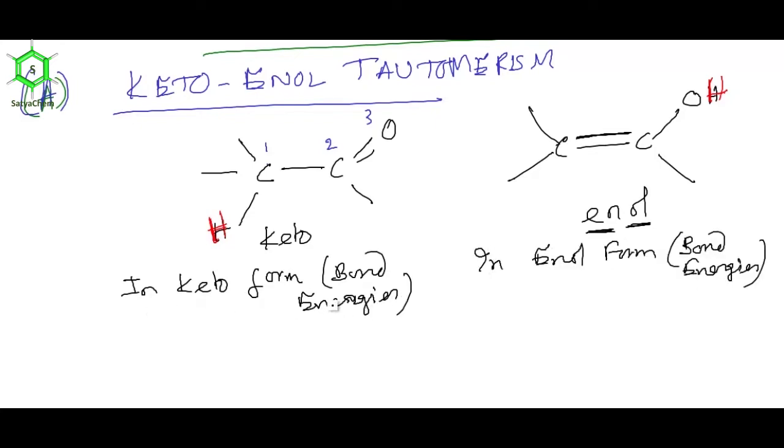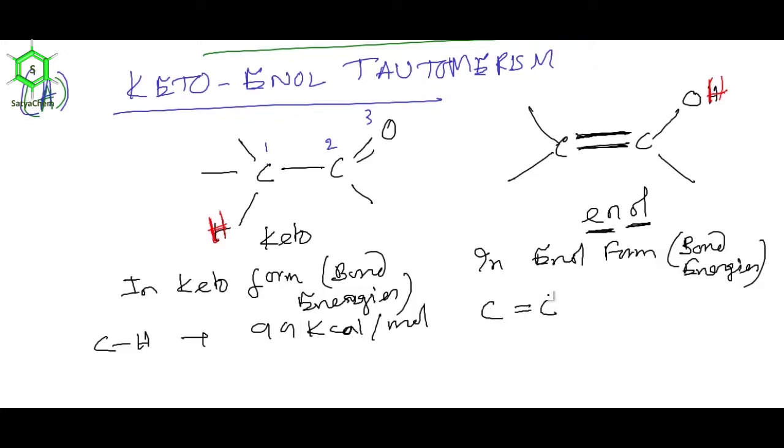In keto form, I'm going to write down the bond energies, because here the CH bond breaks. So bond energy of CH bond is 99 kilocalorie per mole. Clear? And here a new C double bond C is formed in enol form.